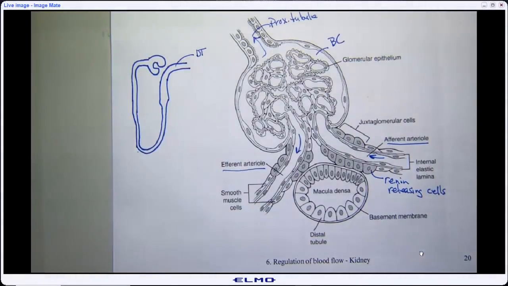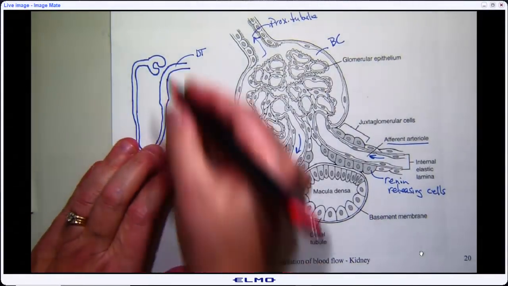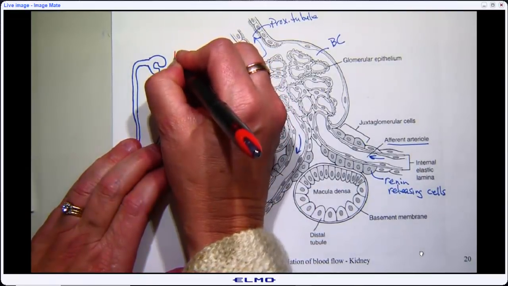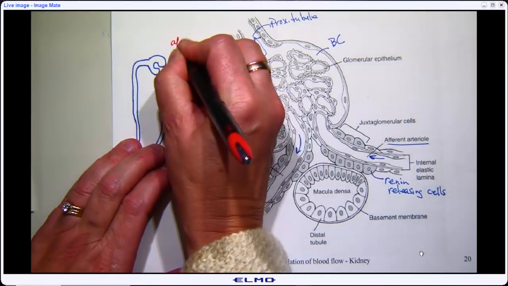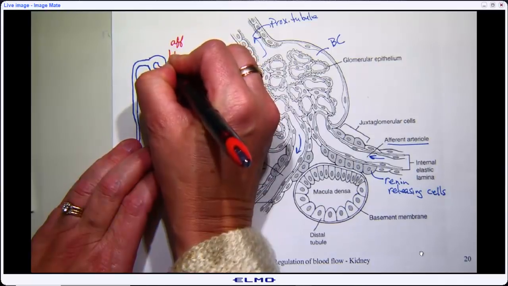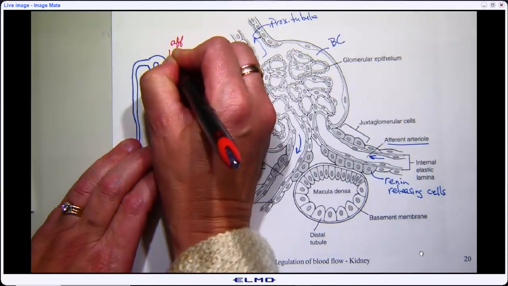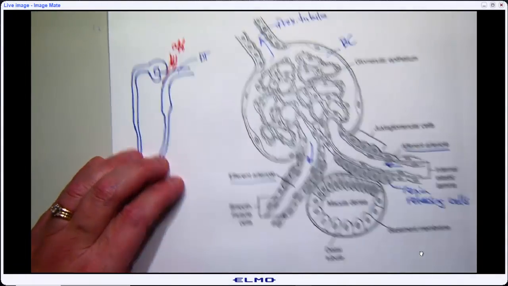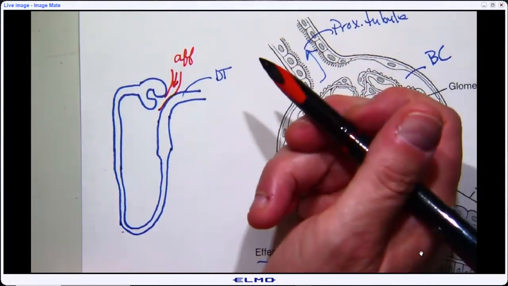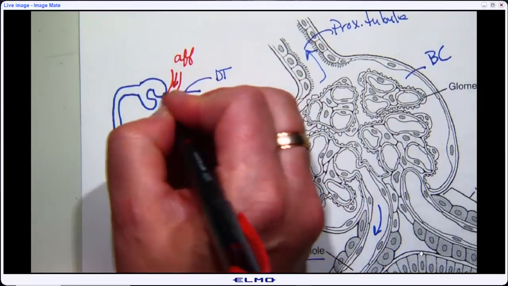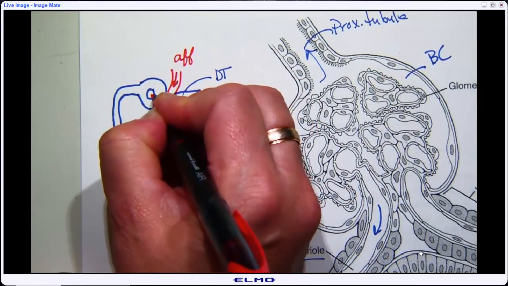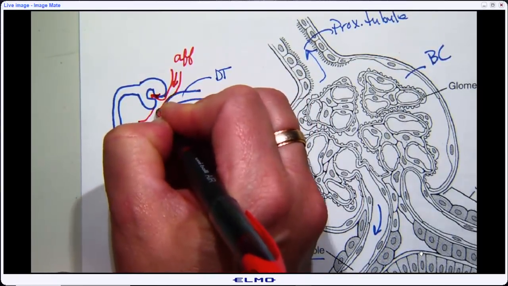Now why it's curving back there, so it can be in very close proximity to afferent arterioles coming into that Bowman's capsule. All right, so that's that flow into that Bowman's capsule. And then flow into here, and then we had our efferent arterioles.